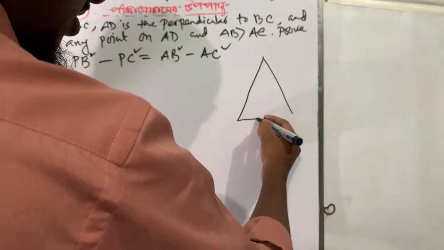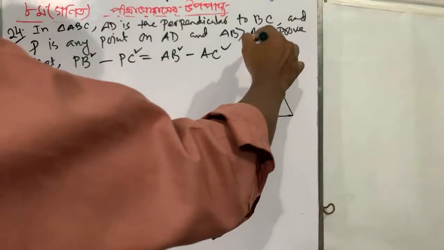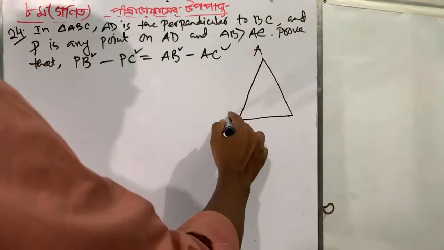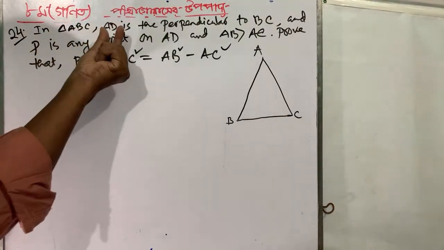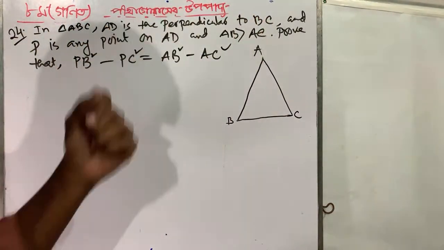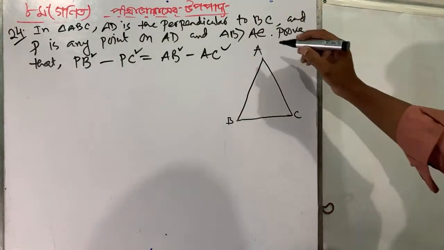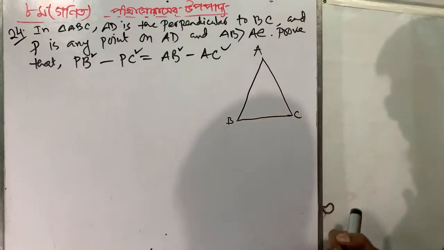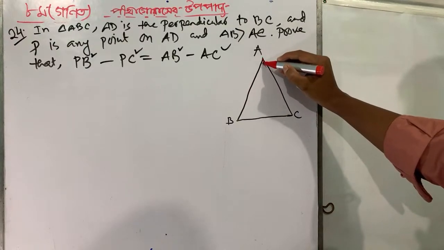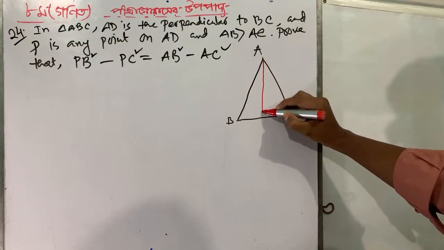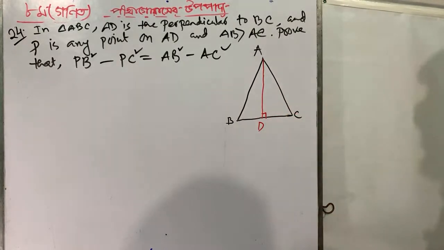So we have a triangle ABC, and AD is perpendicular to BC. So AD is perpendicular to BC means that you take a perpendicular from A to BC, and this is D. So this is perpendicular, meaning that this is 90 degrees.